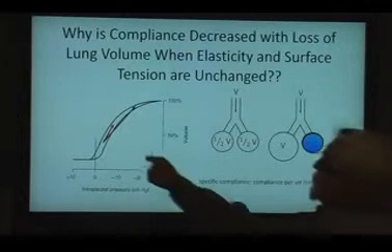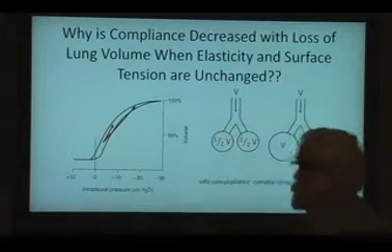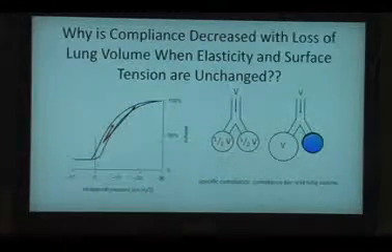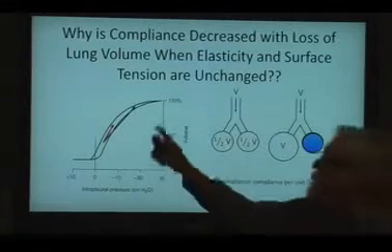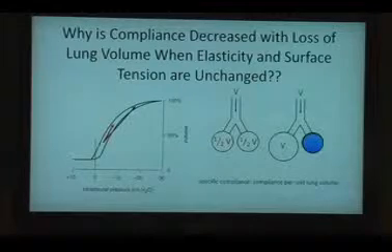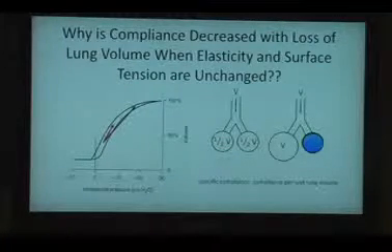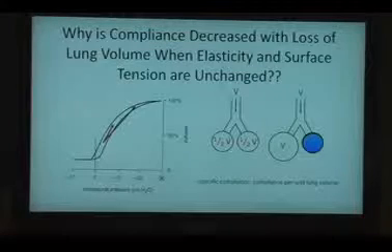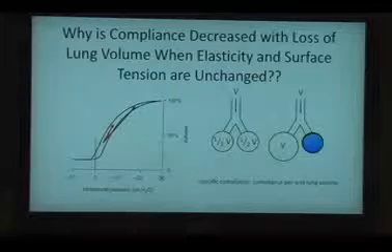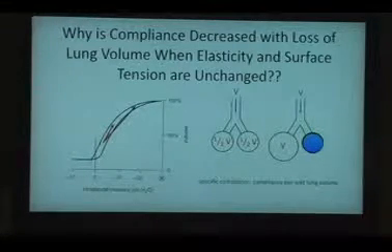So now if we take the slope of the purple line from here to here, the slope is decreased. The volume change per unit of pressure change is decreased. Compliance is a change in volume over the change in pressure. So then the reason why we see a decrease in compliance with consolidation and atelectasis and pulmonary edema and so forth is because we're trying to push the same volume into a smaller space.